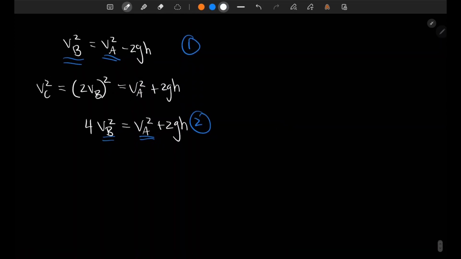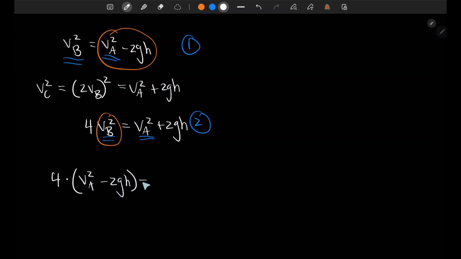So this is going to be 4 times this Vb squared, because we have 4 times Vb squared. But what is this guy? This guy is just all of this, because all of this is equal to Vb squared. This is going to be 4 times Va squared minus 2gh, and that's equal to Va squared plus 2gh.